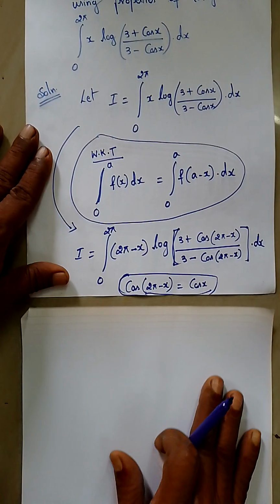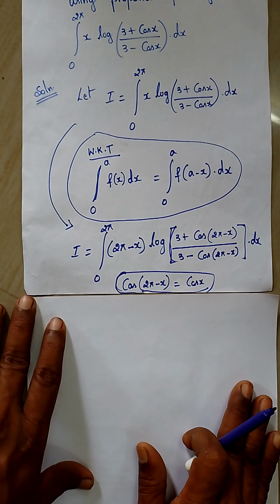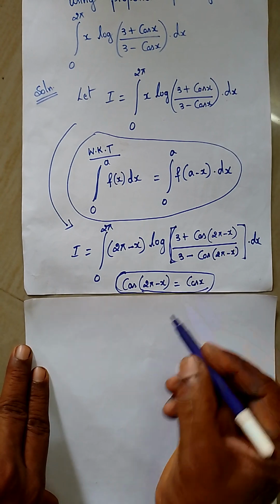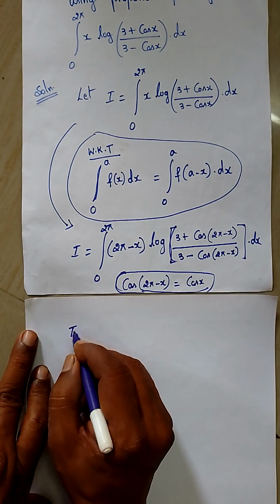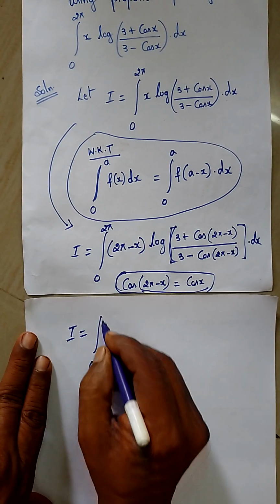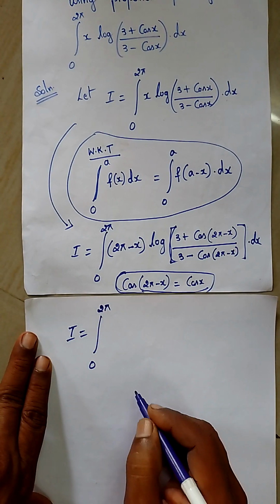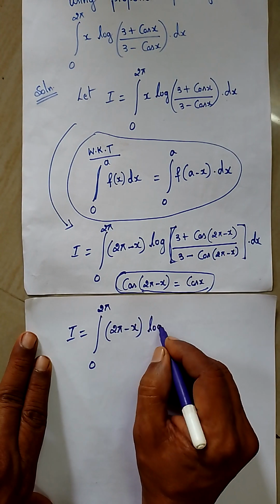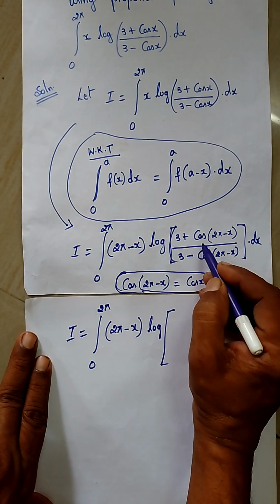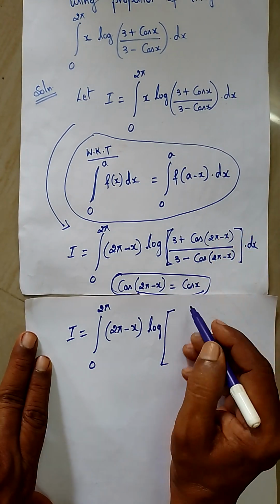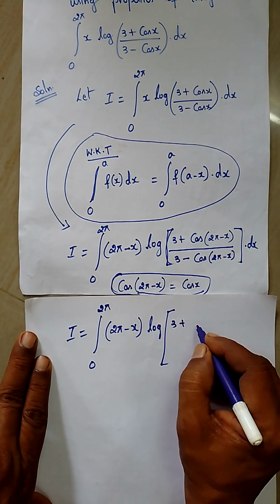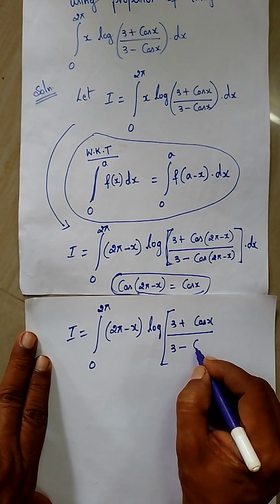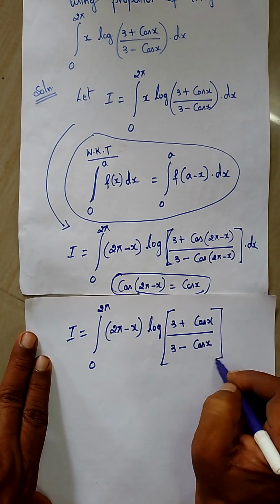So I is equal to the integral from 0 to 2π of (2π − x) log((3 + cos x)/(3 − cos x)) dx.